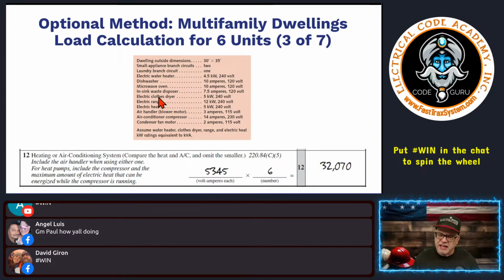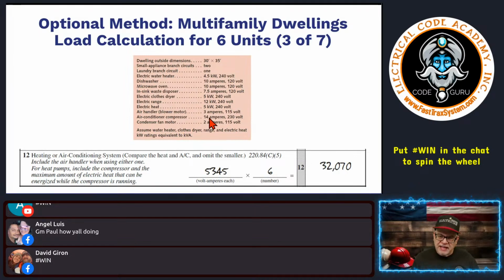So in this case, the heat was 5,000, and then the air handler, which is going to blow that heat around, is 3 times 115, which is 345 VA. So you add the 5,000 plus the 345, that's going to be the cumulative of the heat. So that's the 5,345.